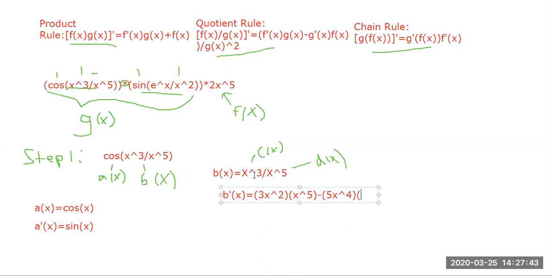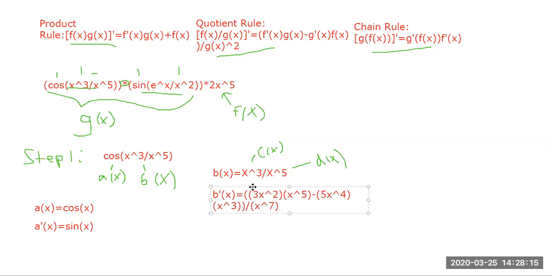F of x, which is actually c of x, would just be x to the 3rd. All right, now we gotta take all this, divide it by g of x to the 2nd, which g of x again is d of x down here. So x to the 5th to the 2nd, which we can just put as x to the 10th. Simplify it and make it a little bit easier.